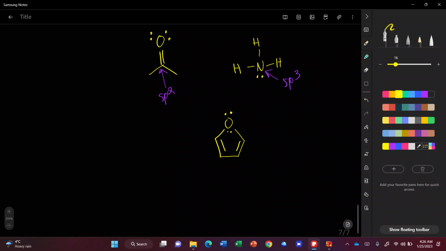If I draw that lone pair, I can draw a resonance structure where that lone pair goes here, and then that double bond goes there, and then this double bond goes onto that carbon, and I would get a resonance structure that looks like this. Okay. And again, good practice. If you did not do the formal charges as fast as I did, try to get better at doing those formal charges, right? This oxygen has 3 bonds.